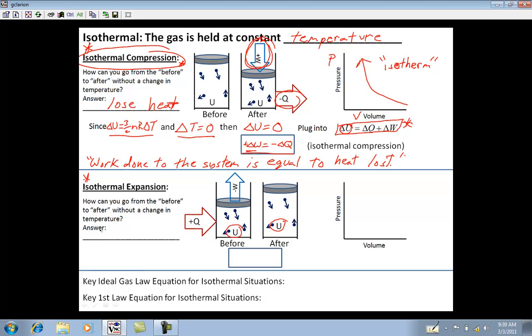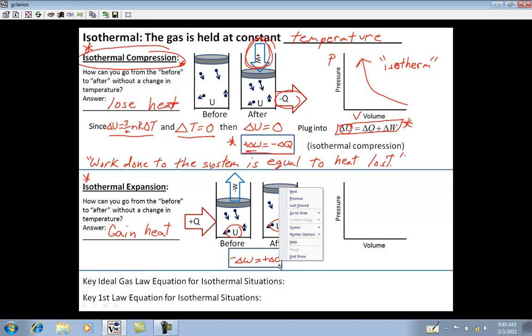That's right, the only way that's going to happen is if we gain heat. And so my equation that I'm going to put in this box that's similar to this equation here is going to be what? What version of this equation? It's the opposite. It's going to be negative delta W is going to equal the positive delta Q.